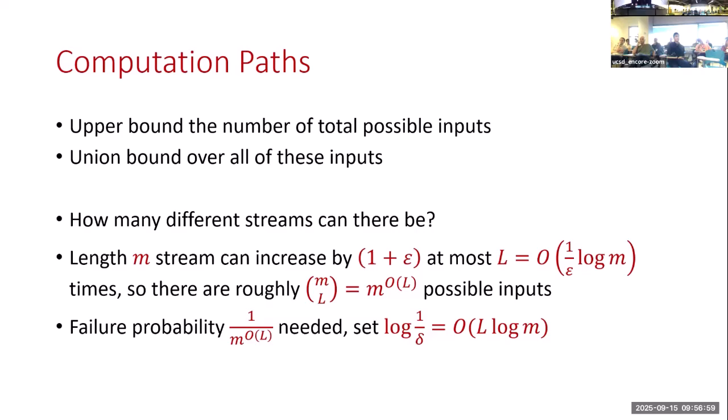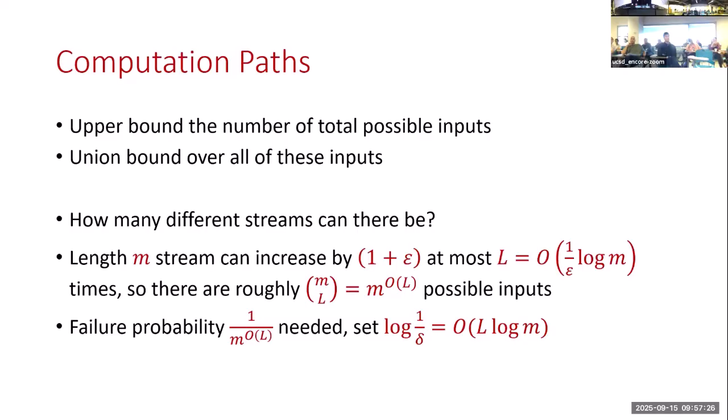For data streams, one can say that the number of possible inputs, okay, first of all, let's say the algorithm is deterministic. Then your input will only change when you see some different output from the algorithm, right? So the algorithm is going to tell you 1, it's going to tell you 1, it's going to tell you 1 again, and suppose it changes over to 1 plus epsilon. So let's say the algorithm can only change its output L times.